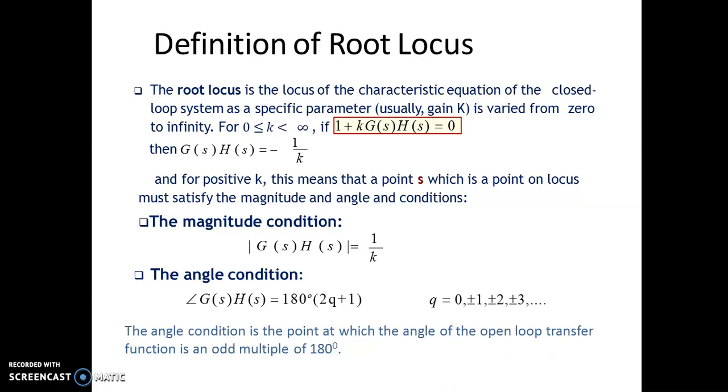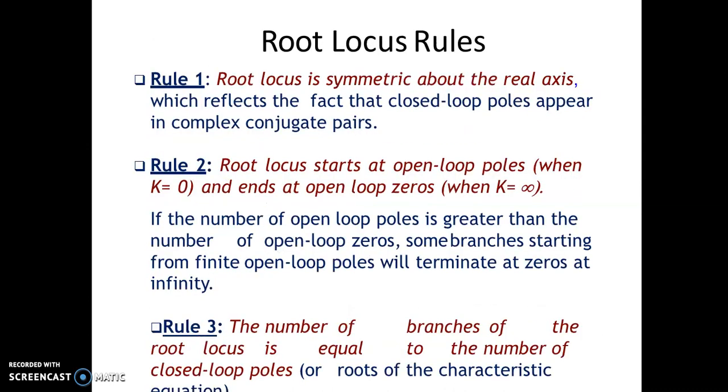Magnitude condition from the characteristic equation: mod G into H is equal to 1 over k. The angle condition: angle of G into H is 180 degrees into (2q plus 1), which shows that the angle is always an odd multiple of 180 degrees.